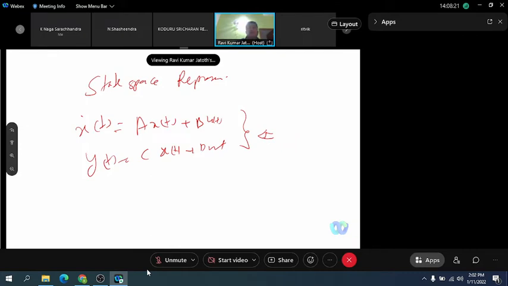So that particular topic is taken care of in chapter number 5. So what is chapter number 5? Representing the system in state space form. Here we are just splitting the time into small parts where it is time invariant. Time varying systems also we will consider here.